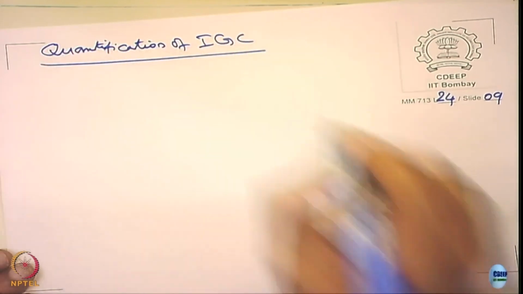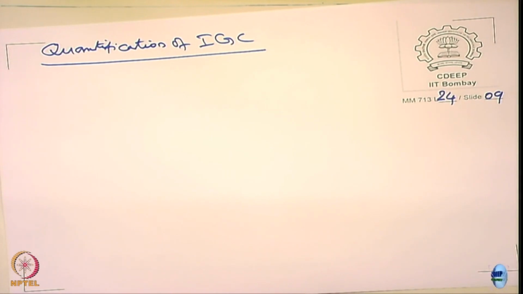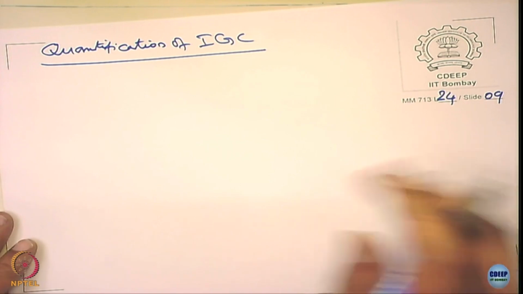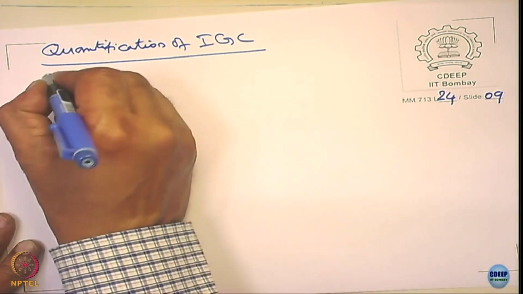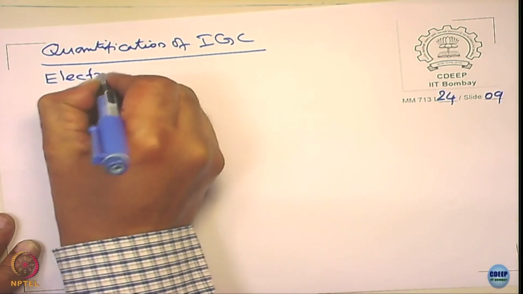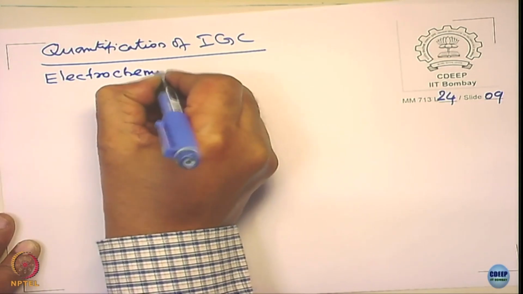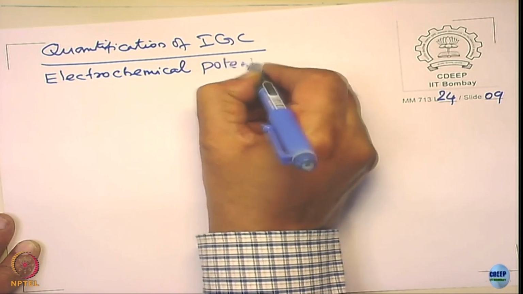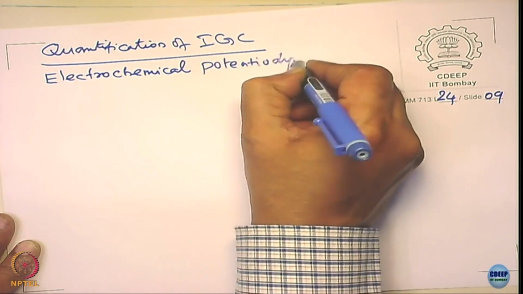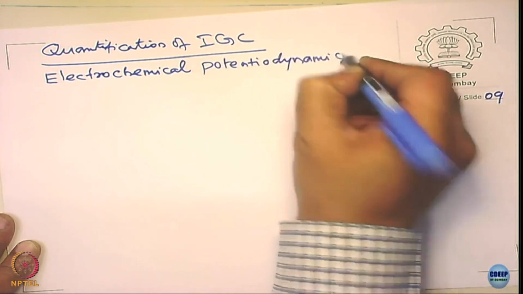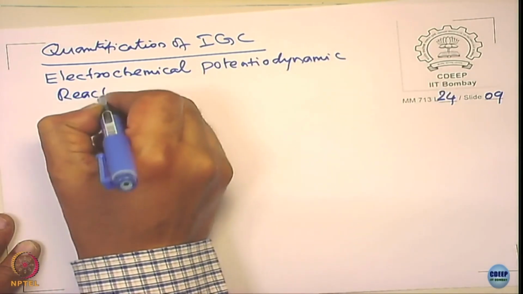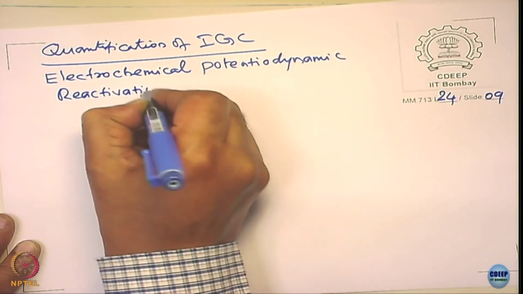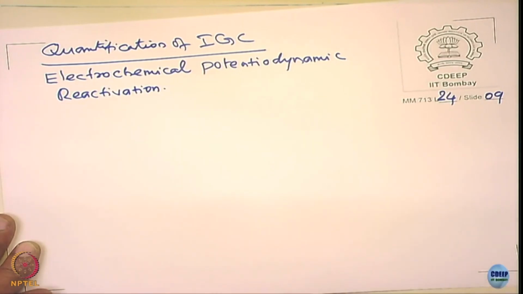Please notice we are talking about IGC of stainless steels only, quantification of this, and we use the electrochemical potentiodynamic reactivation test. You might also be doing this if you have not done it, okay. This is also part of your lab experience.